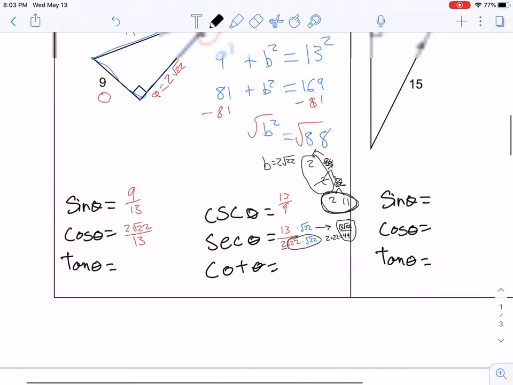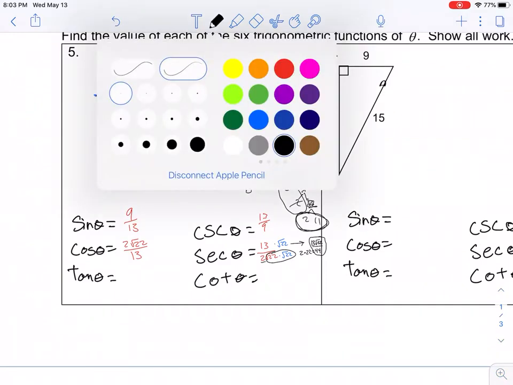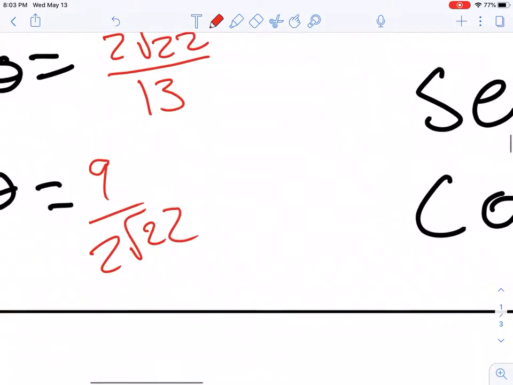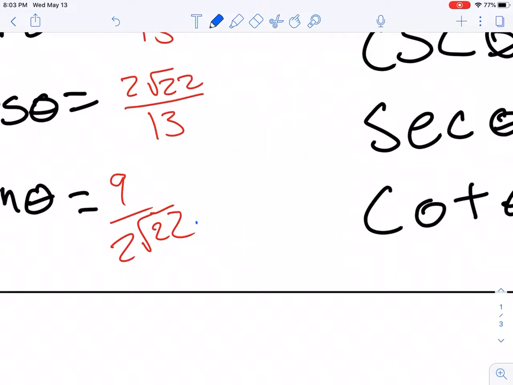And then for tangent, tangent is opposite over adjacent. So we're taking our opposite 9 over our adjacent 2 rad 22. We have to rationalize it. We don't like rad 22 in the denominator. So again, I'm multiplying by rad 22.